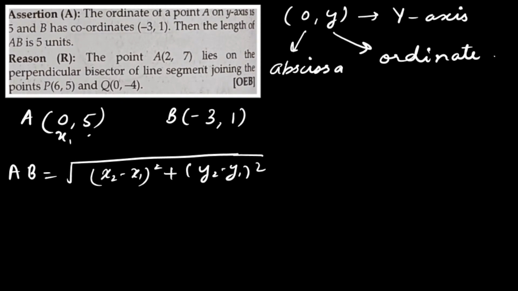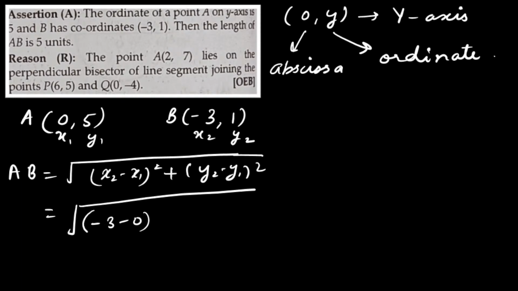This is x1, y1 and this is x2, y2. So x2 is minus 3 minus 0 whole square, plus y2 is 1 minus y1 is 5, 1 minus 5 whole square.